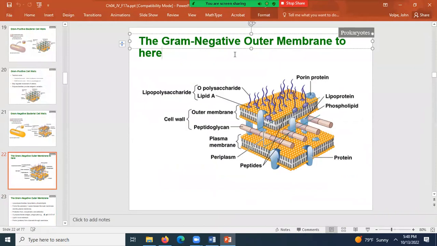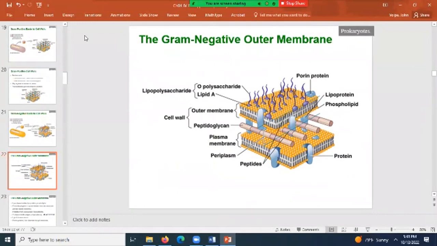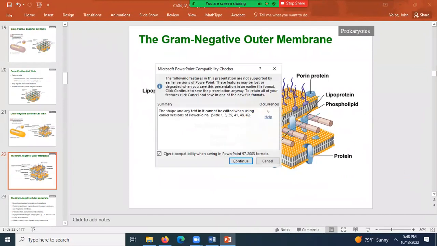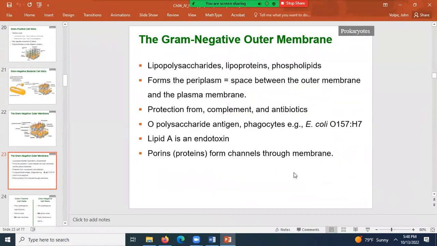So we had talked about the gram-negative outer membrane. Any questions about any of that? All right, let's begin. For those of you who aren't logged in, you can see this online, and I'll put an announcement about that.